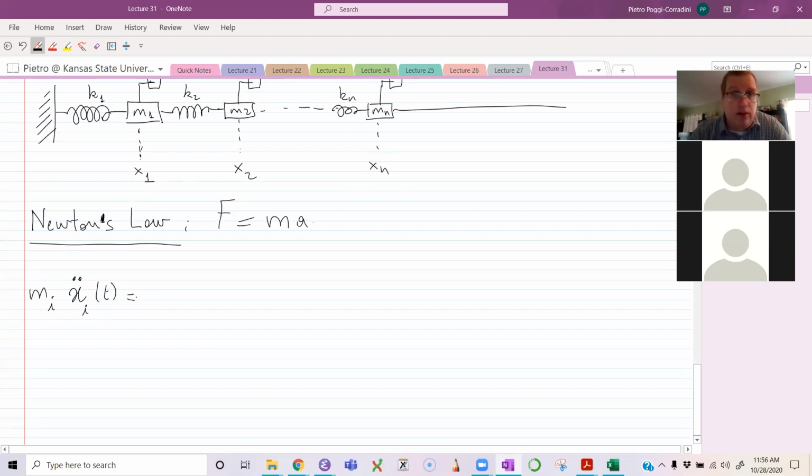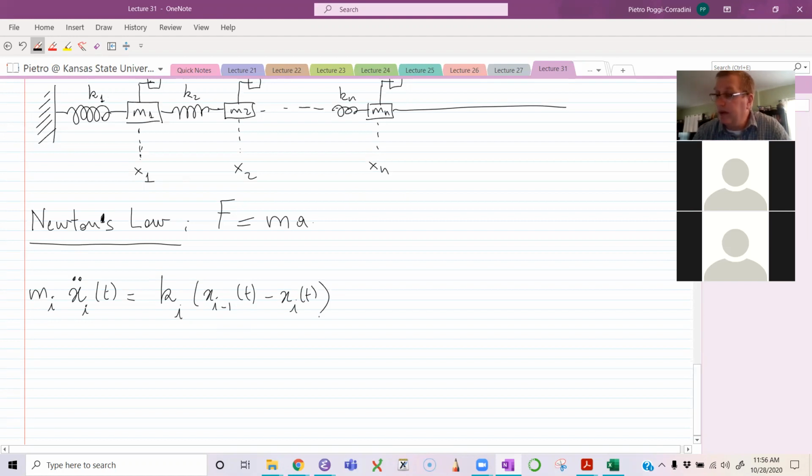And now I need to talk about the forces that act on that mass, right? There's something called Hooke's law, I think, for springs. The acceleration is basically the negative of the displacement times this constant k. So k_i (x_{i-1} minus x_i).